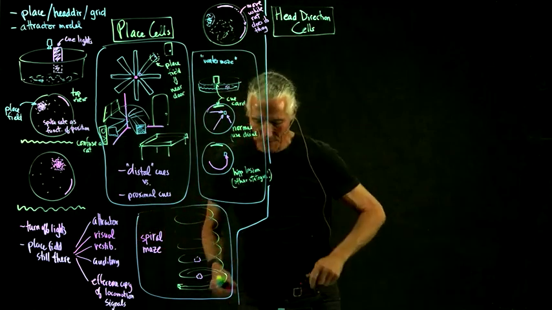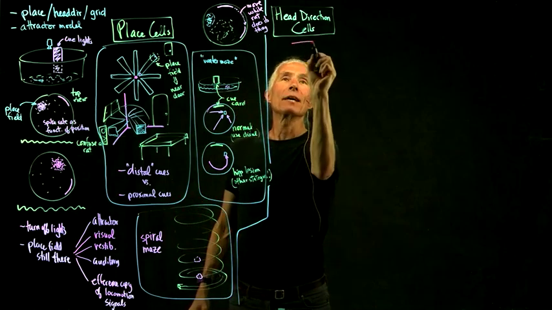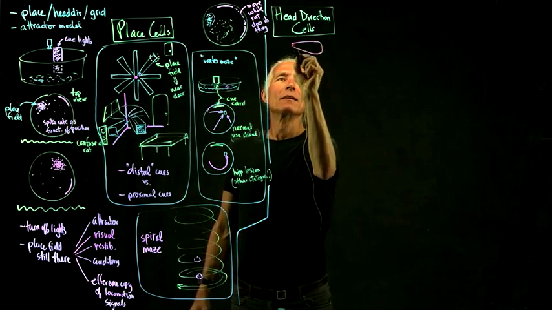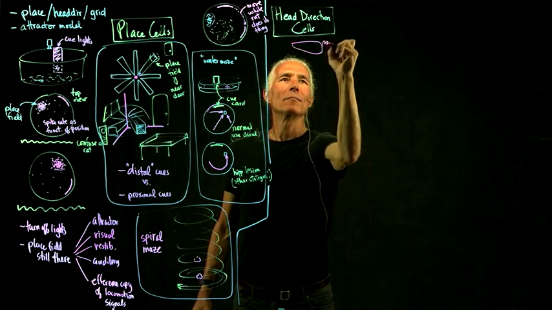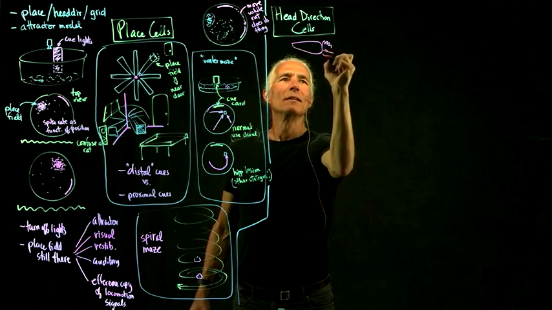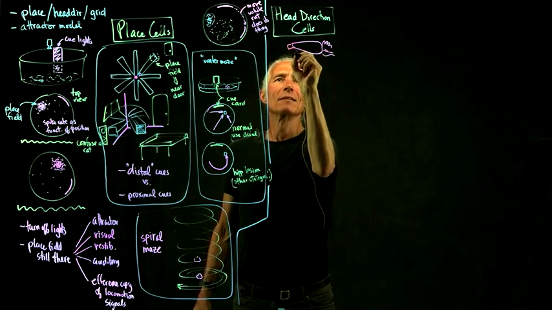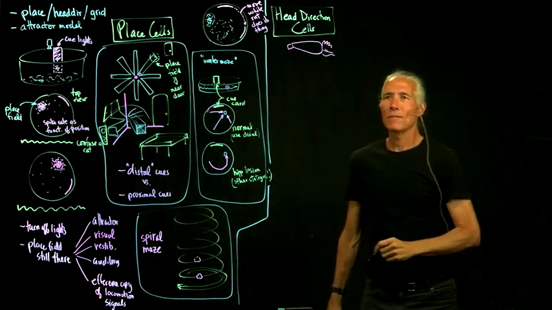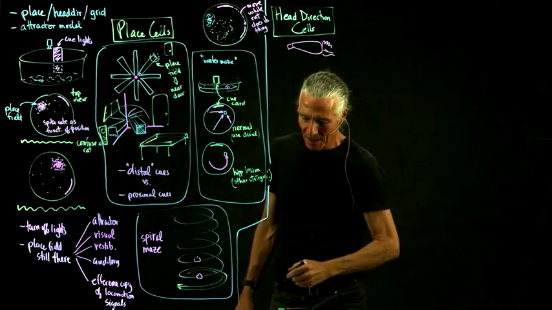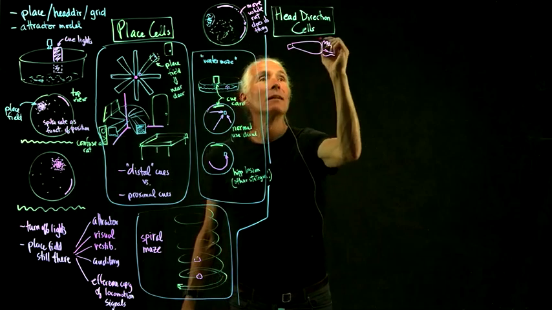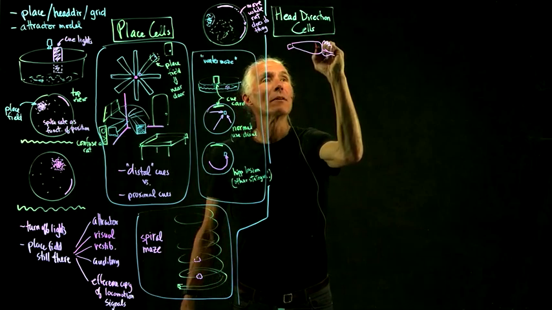If you look at a rat here, there's the cerebellum, pontine nuclei, olfactory bulb. If you look at where the hippocampus is, it's kind of sitting here like that.